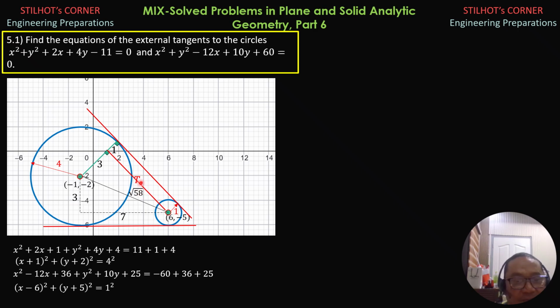So, by the way, problems to be created should be planned ahead, because for any other problems, the equation of that external tangent will not give us integer coefficients.